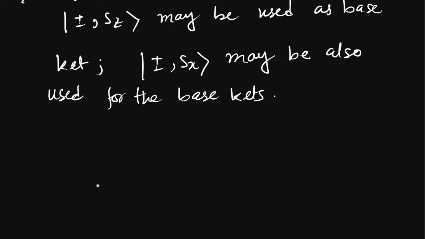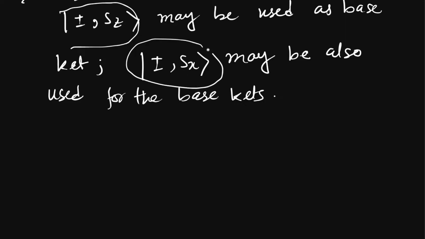Now the two different sets of basis kets of course span the same ket space. We are interested in finding out how the two descriptions are related. That means this description and this description are related to each other.